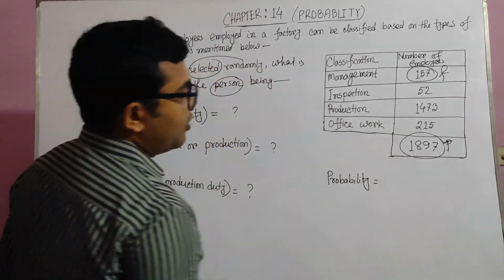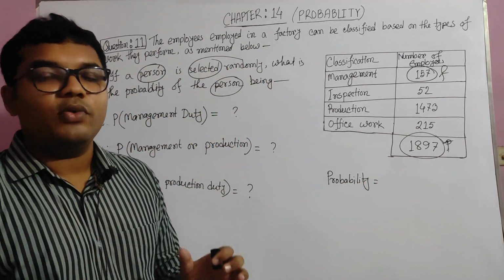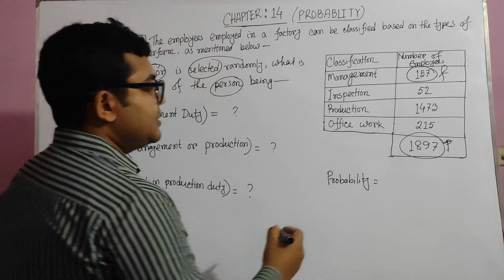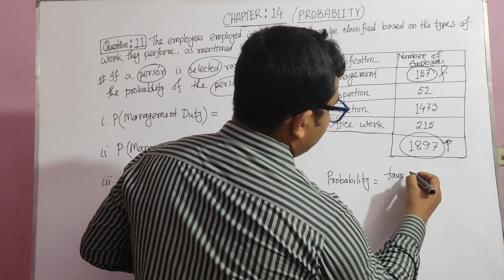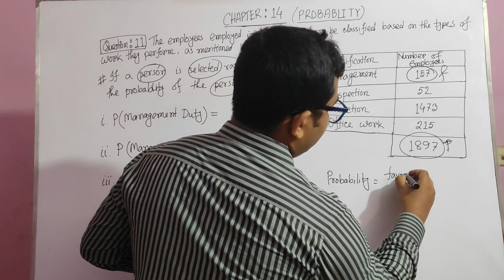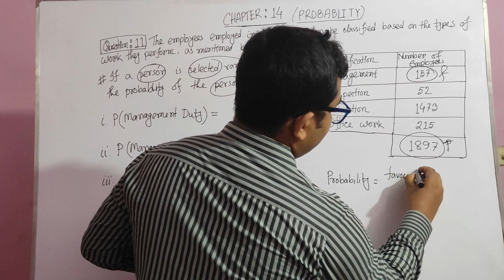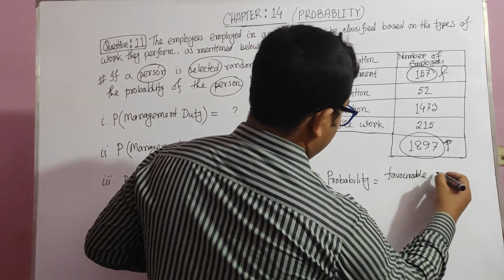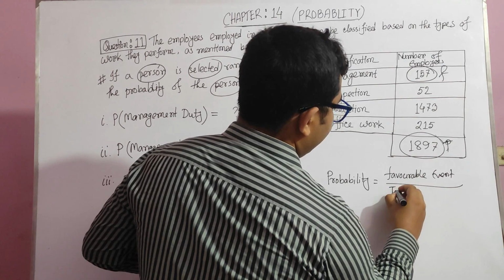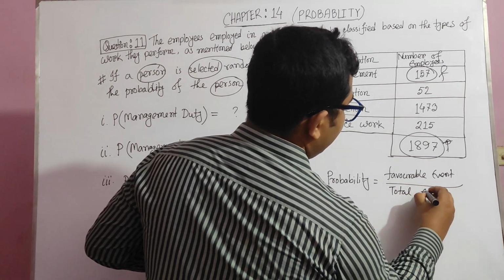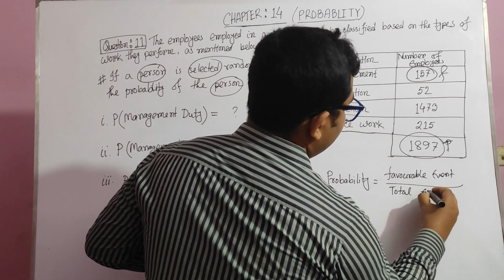To find the probability, there is one formula we must follow: favorable event divided by total event.